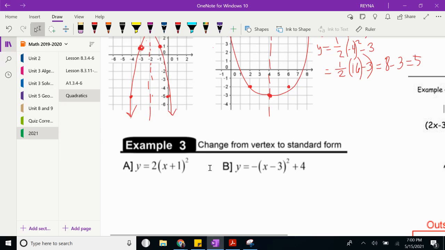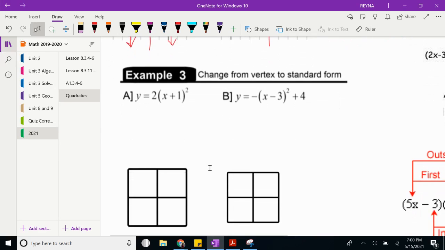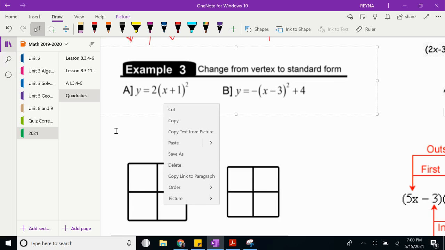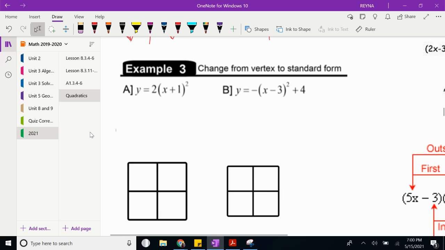Okay, now for our last idea of the day, we are going to look at how we can go from vertex form into standard form. Let's say we have our vertex and we want to be able to change it into standard form because we want like the y-intercept or something.